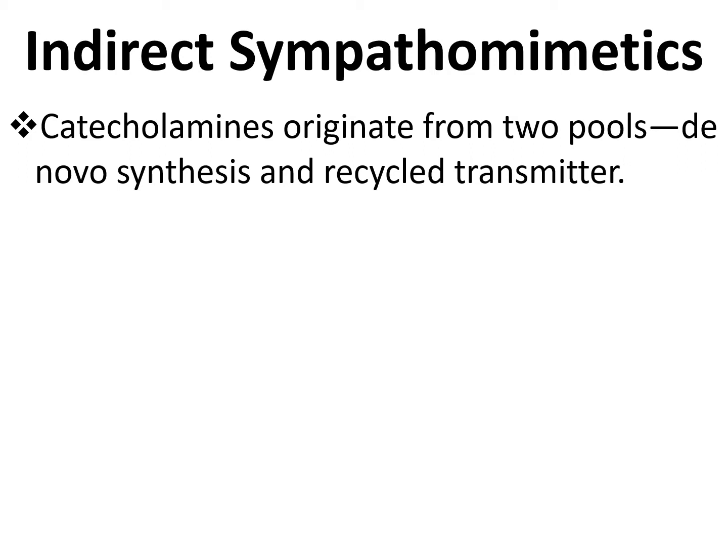Or one more was the MAO, monoamine oxidase, and COMT, catechol-O-methyltransferase, enzyme inhibitors, so that again the neurotransmitter level can be increased. That's the reason it is called indirectly acting sympathomimetics. Fine.